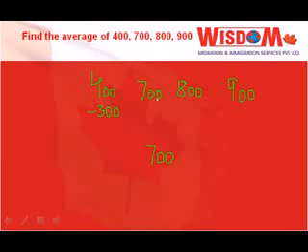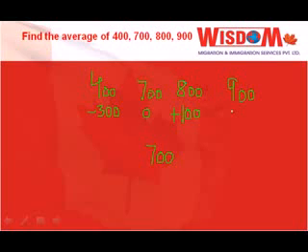The deviation that 700 would be giving from 700 would be 0, because 700 minus 700 is always 0. The deviation that 800 would be giving from 700 would be 800 minus 700, which would be a positive of 100.